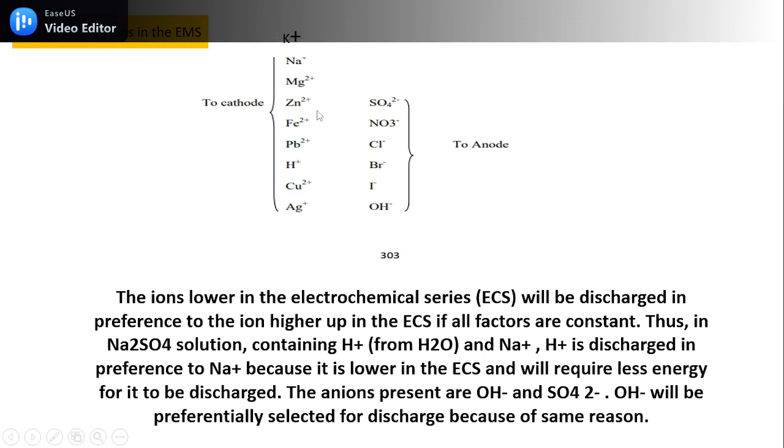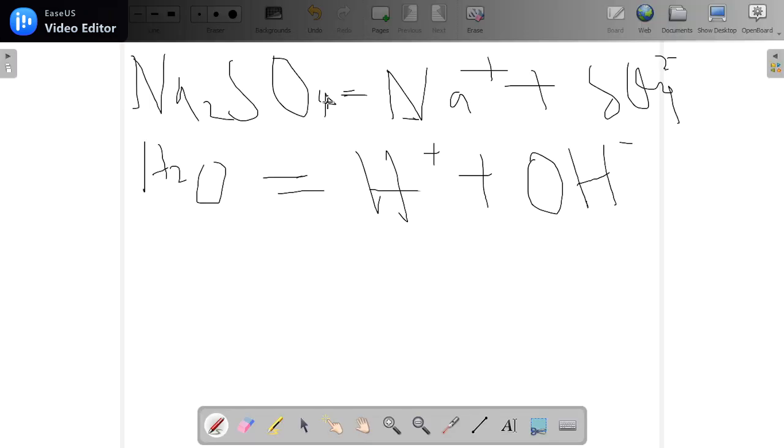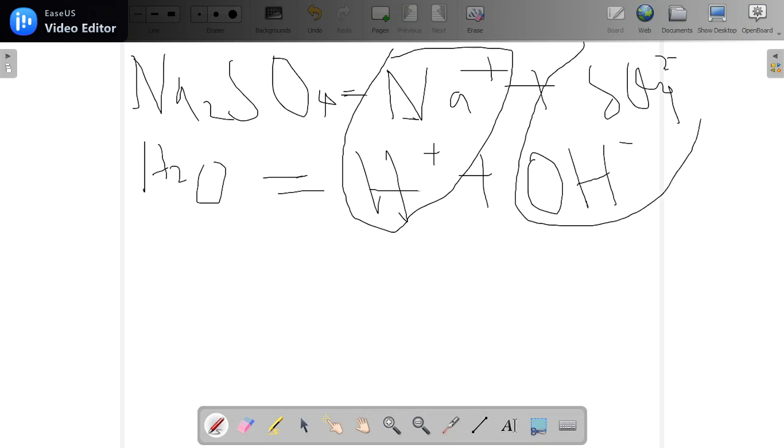So when we look at this electrochemical series and these equations here, in electrolysis one set of ions is transferred to one electrode, and the other is transferred to the other electrode.